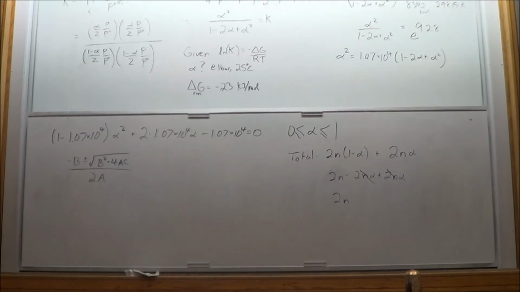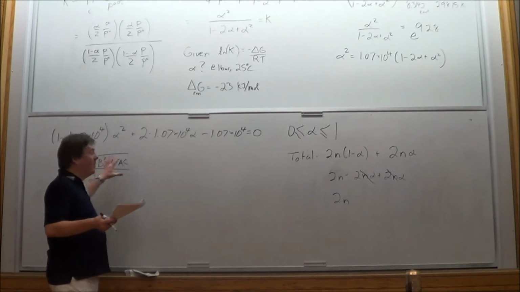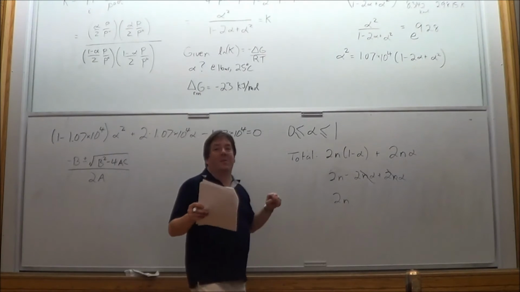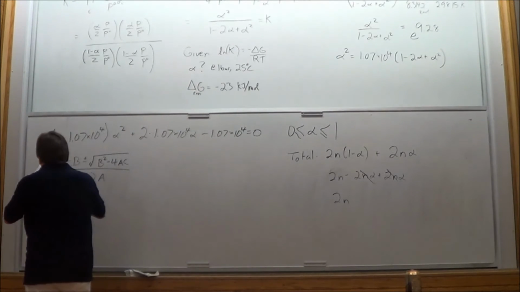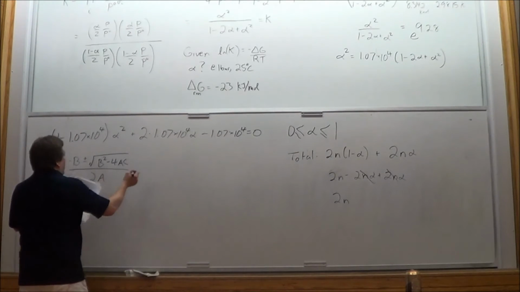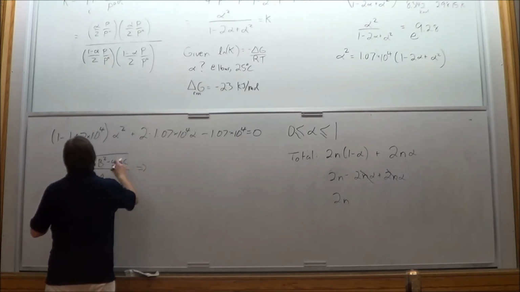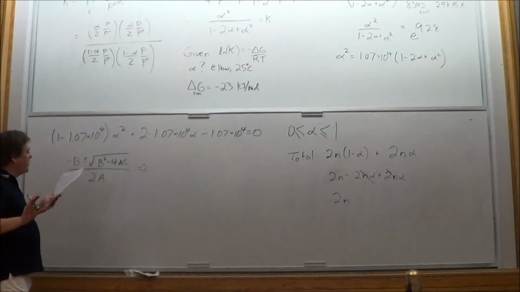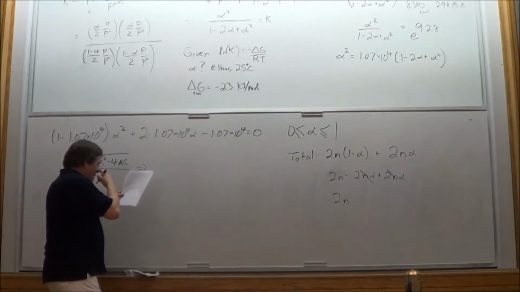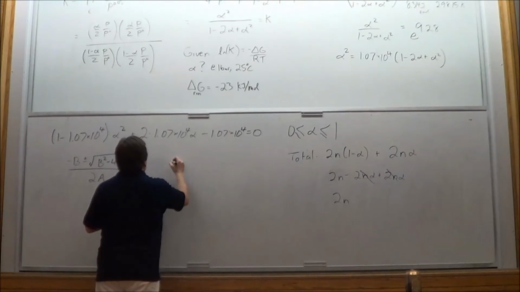I wouldn't recommend it. That's why the internet exists. That's why they put Mathematica online. Mathematica can solve this for you. But you got 2 answers. So now, I actually did the quadratic equation. And so a, b, c, and make sure you keep it straight which one's negative and which one's not. What you're going to get are 2 answers.